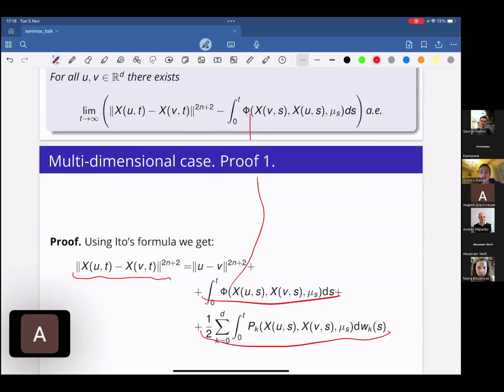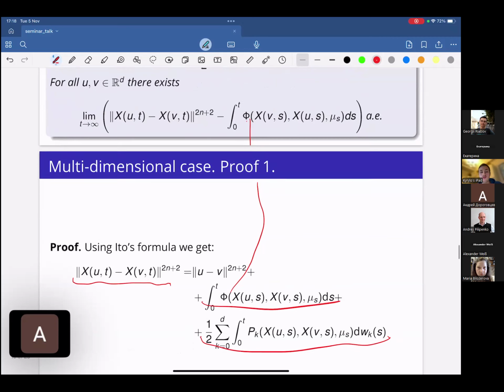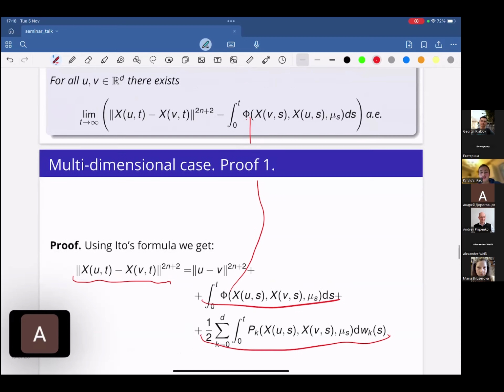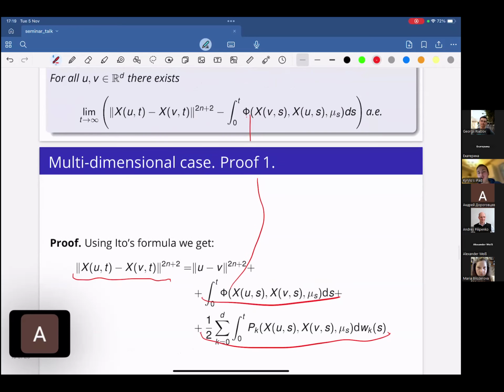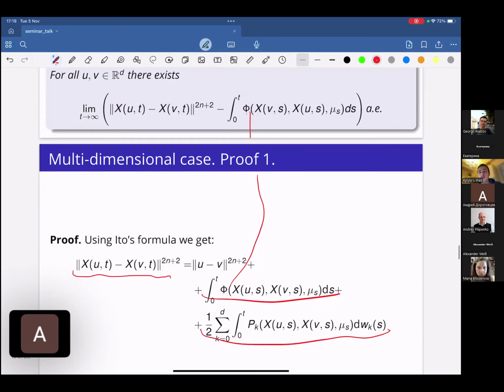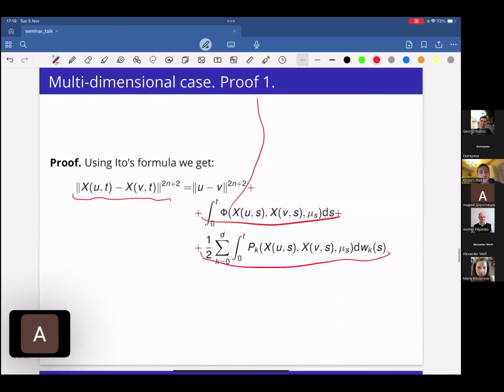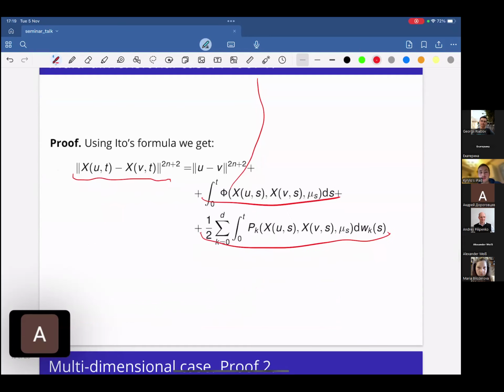It's what we used in the statement of the main theorem. So if we take such a norm minus the drift term in the decomposition, then we can establish existence of the limit. And here the proof starts with such a representation.